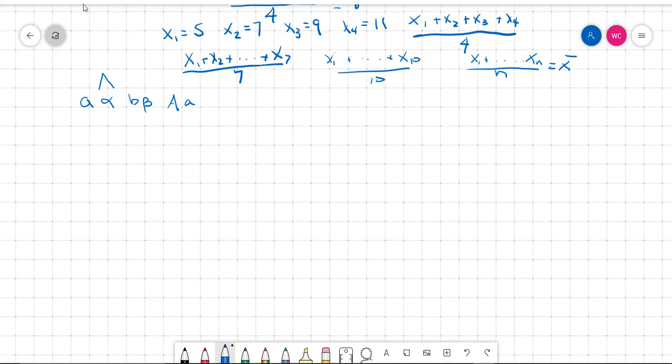Do we know any other Greek letters? I think we know delta. We know the D, the capital D at least, is delta. So we use that sometimes. We write like delta Y over delta X.